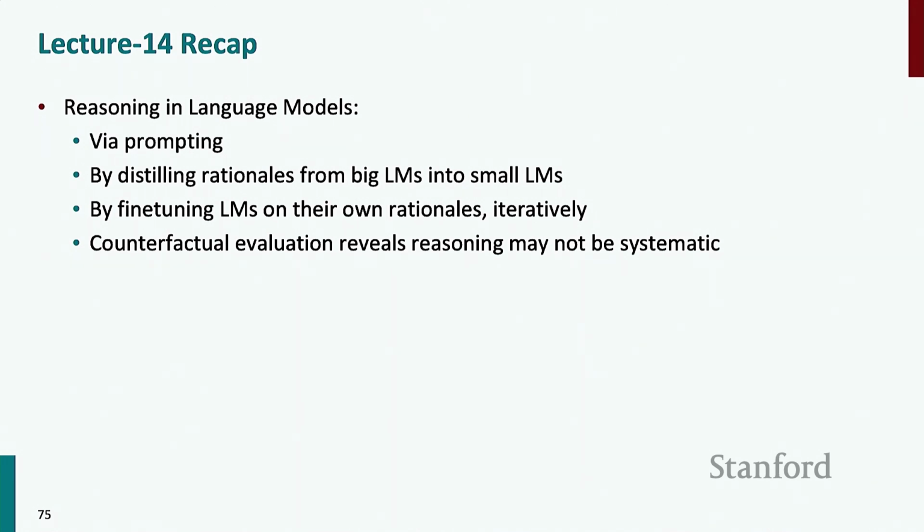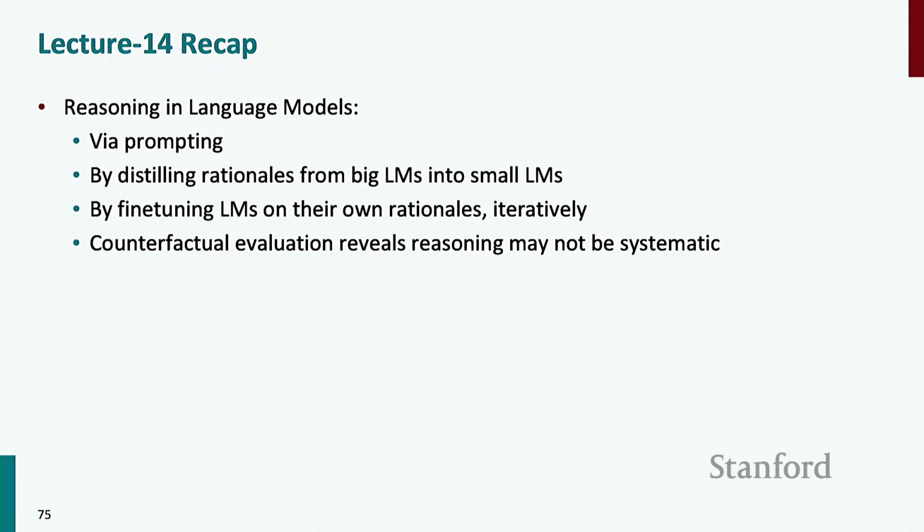You could also try and train specialized small language models for reasoning by generating rationales from a big language model and then fine-tuning a smaller language model on these rationales. Instead of that, you could just fine-tune the big language model on its own rationales and keep doing this iteratively. And we saw that if you do multiple iterations of that, performance can keep improving and can even outperform human-provided rationales.